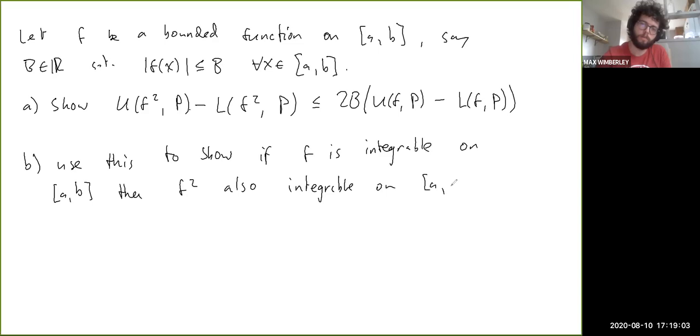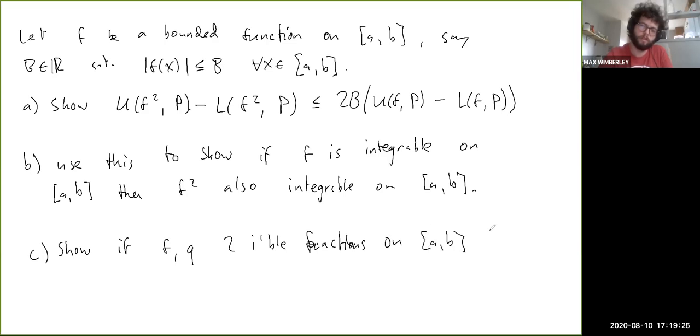And then lastly, I'm kind of mashing the problems together here. Show that if f and g are two integrable functions on [a, b], then fg is also integrable.